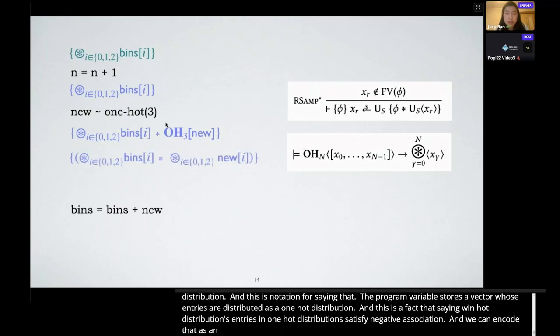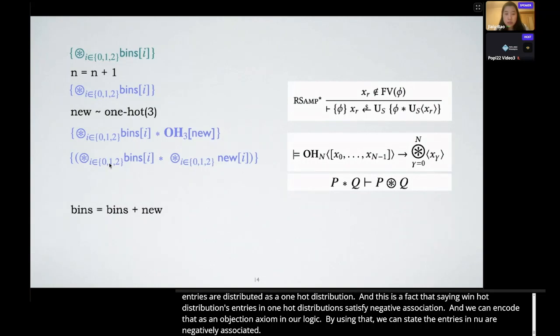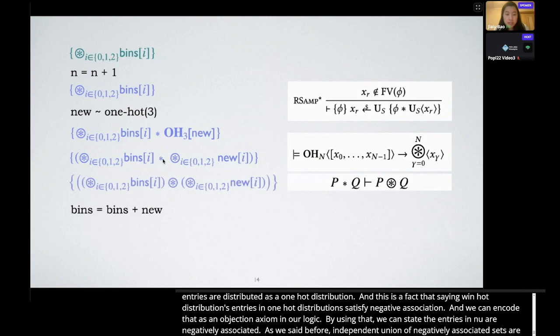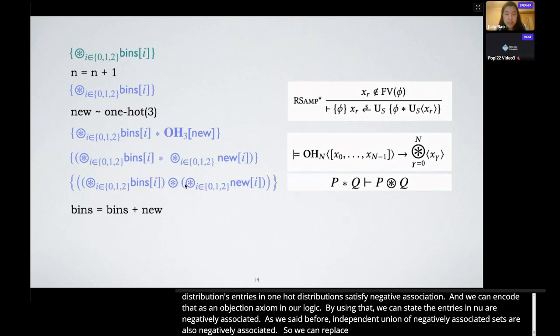By using that, we can state that the entries in new are negatively associated. As we said before, independent union of negatively associated sets are also negatively associated. So we can replace this independence conjunction by the NA star.